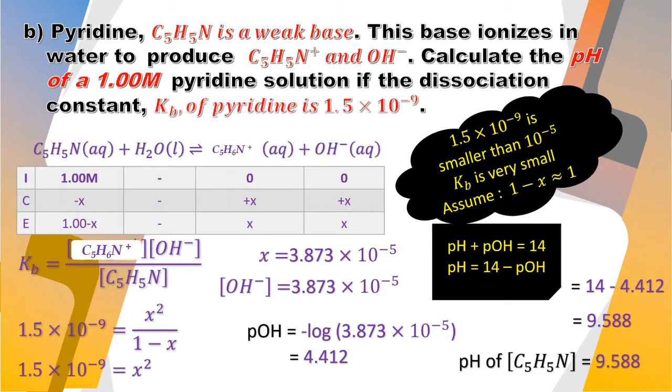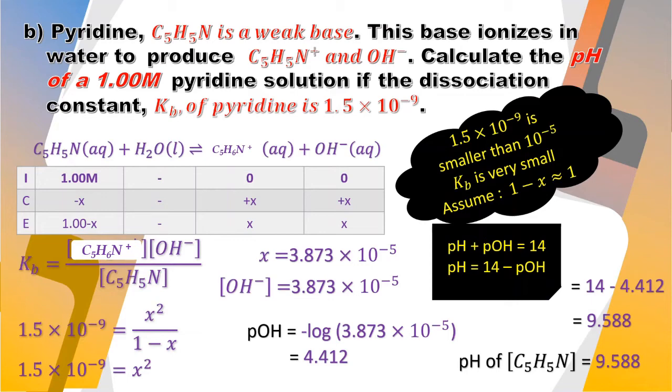First of all, we identify the key points. Pyridine is a weak base, so it ionizes to produce C5H5N+ and OH-. What the question asks is the pH of the pyridine solution, and the information given is the Kb of pyridine, 1.5 times 10 to the power negative 9. First, please state the equation with the correct state, and don't forget it's a double-sided arrow.